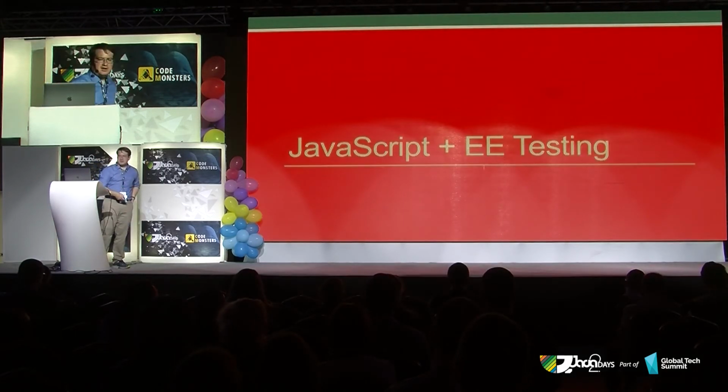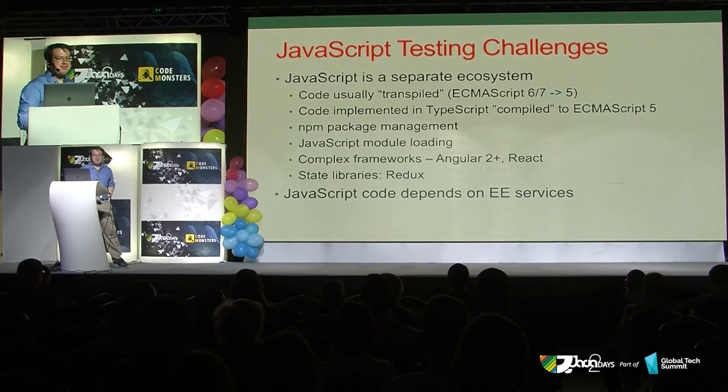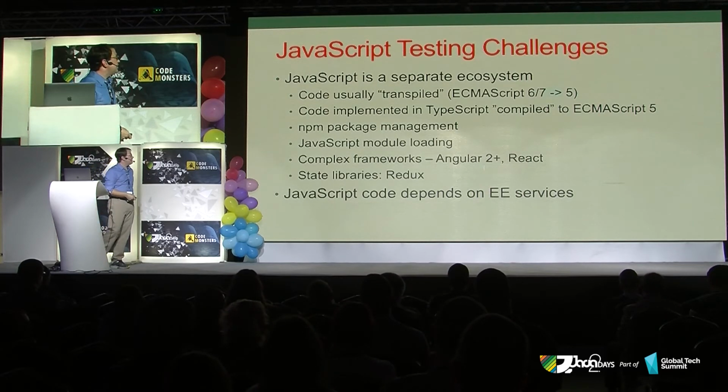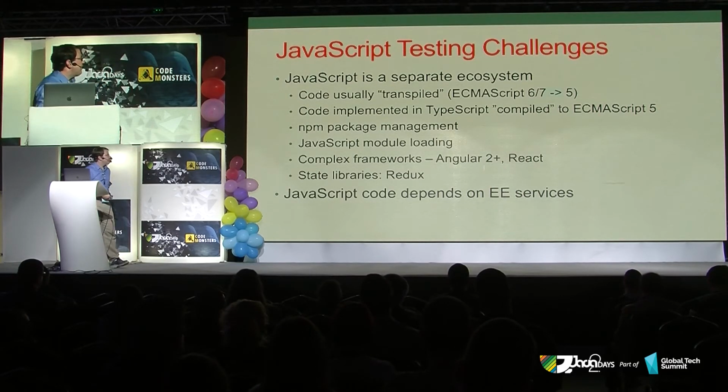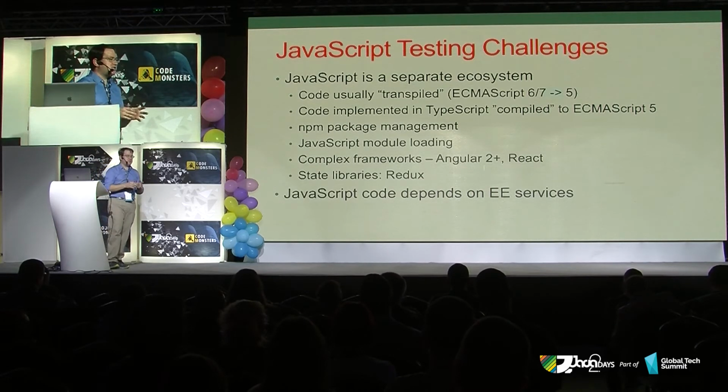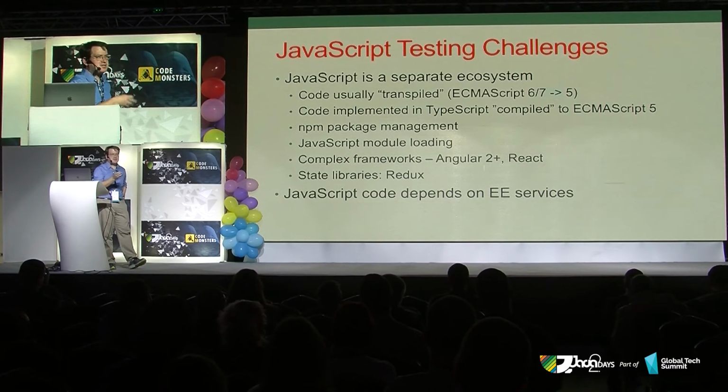Okay. So moving on to JavaScript and EE testing. JavaScript testing has really gotten more complicated in the last couple of years. Obviously, code is usually now transpiled, so it's no longer the case that you're just shipping snippets of JavaScript with your JSF pages to do validation of input.